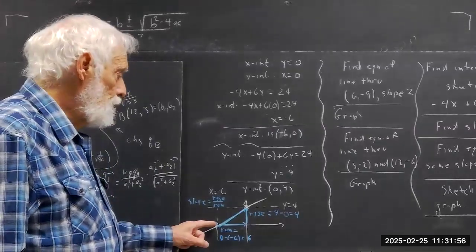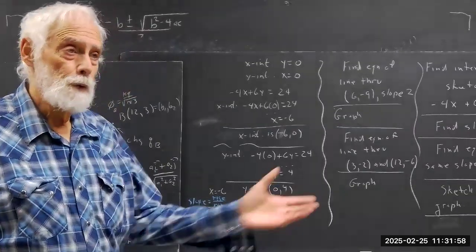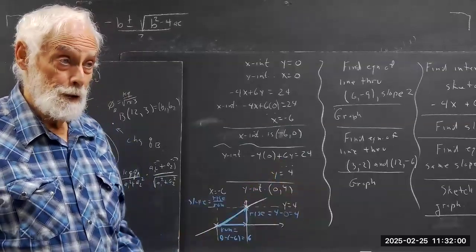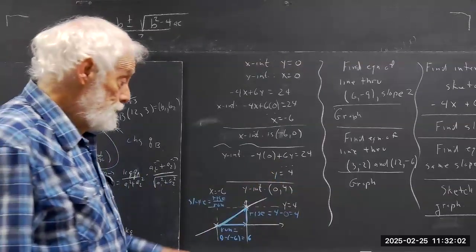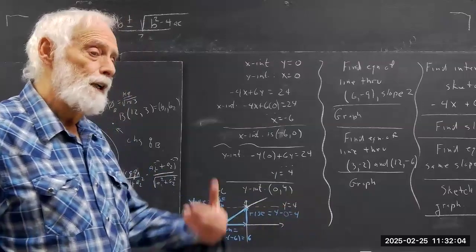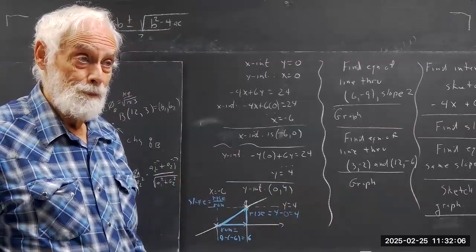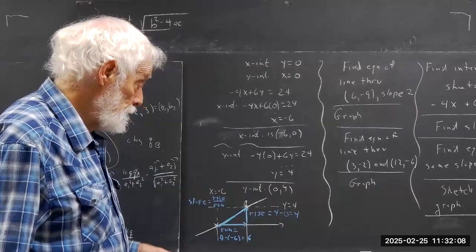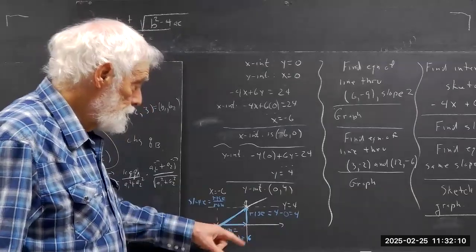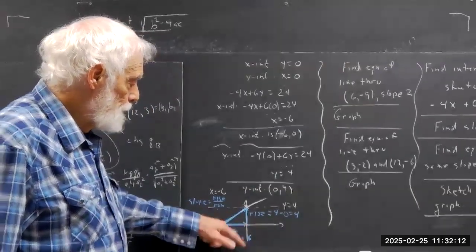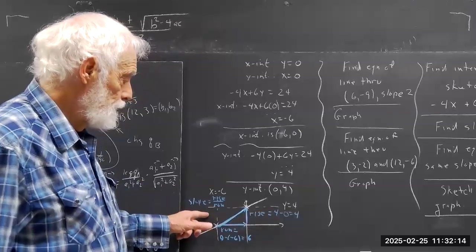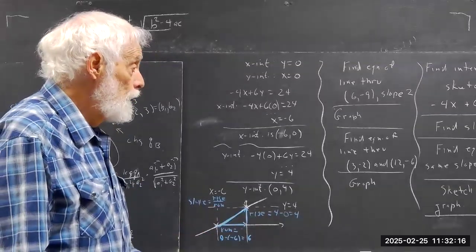I suggest you always go from left to right. That's the way you read, that's the way you think. If you did go from right to left, then you'd have a negative run, because this would be going in the negative direction and this one in the positive direction, and then whether this one is up or down determines whether you have a positive or negative slope.